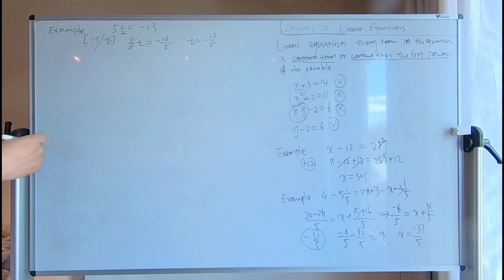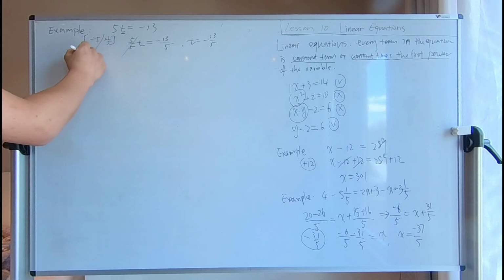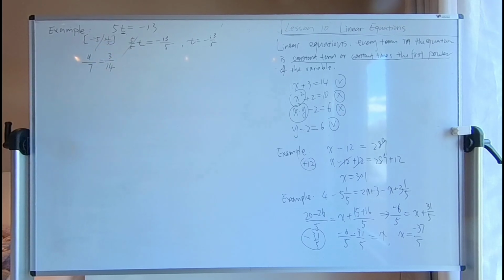Right? Or if I have another equation, u over 7 is 3 over 14. So this time the unknown is u. All the rest of the numbers are constants, which are known. So I need to solve for u or isolate u from here.